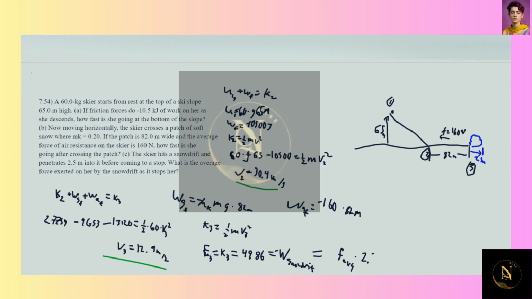That is 2.5 meters, and that's negative. Okay, so divide by 2.5 and divide by -1, you get F average is equal to -1994 newtons. So negative meaning it acts to the left.